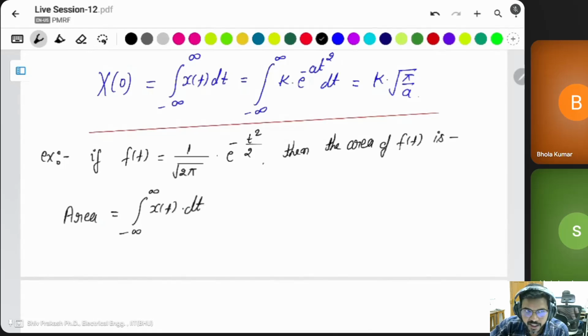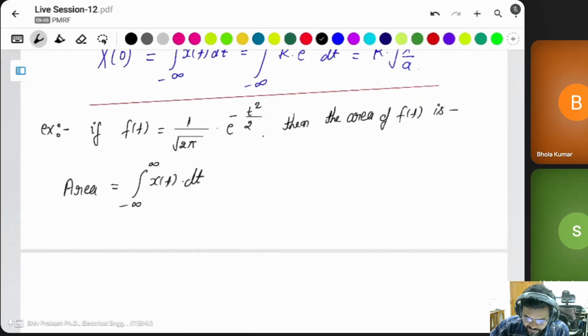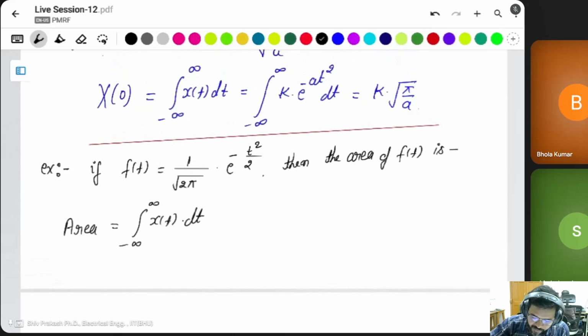This will be the area of the function f(t), or any function. And from this theorem, you can say the area of any function will be the same as the value of that function in the frequency domain at zero frequency.